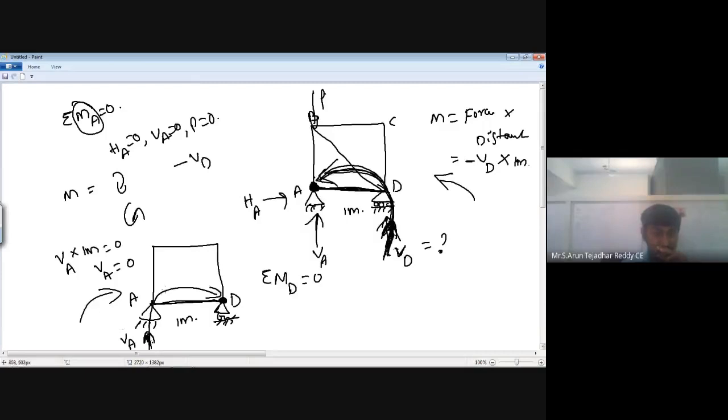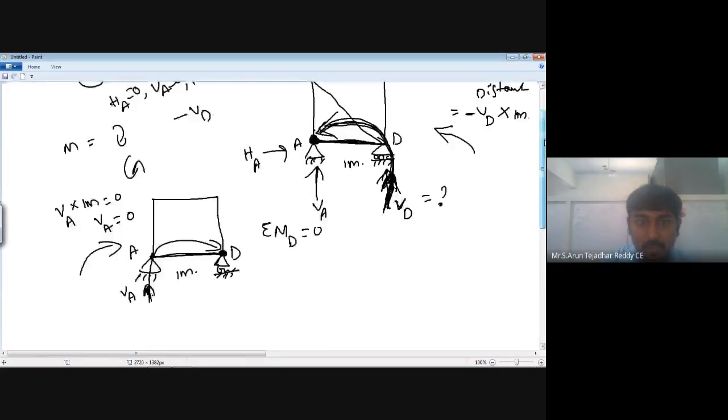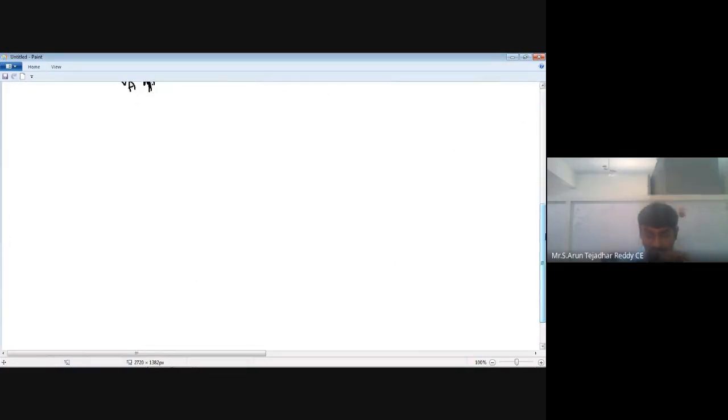So now what is the conclusion here? If you take moment at A or at D, both will be 0. VA is 0, VD is 0. So like that we have to do this type of problem. Now after completion of support reactions, what is our second step?